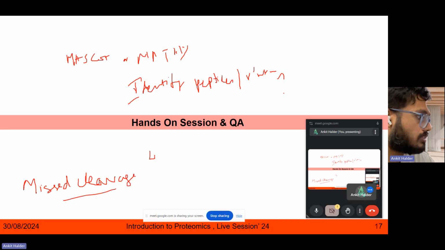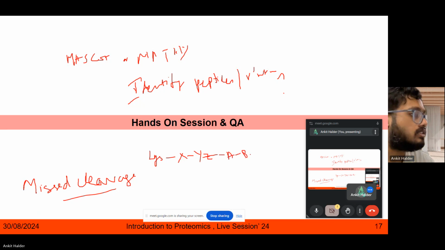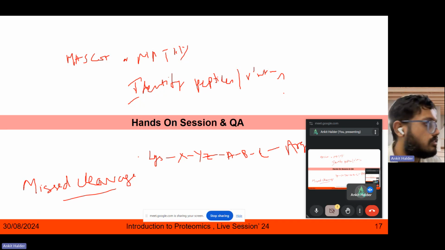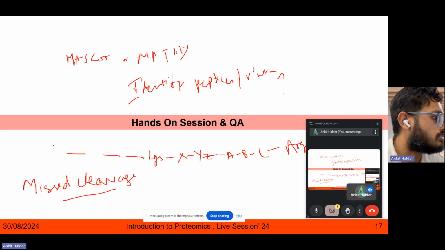Here it is lysine, X, Y, A, B, C, or J. For instance, suppose the peptide is there, and before that also there is one lysine.